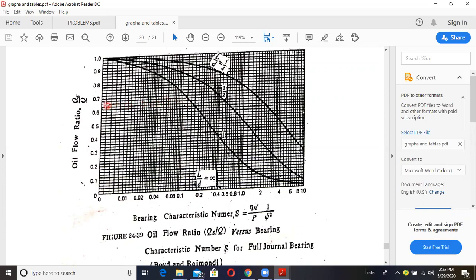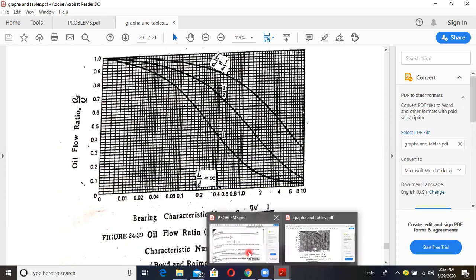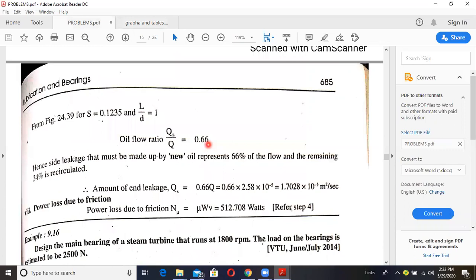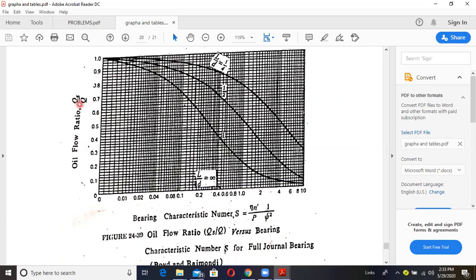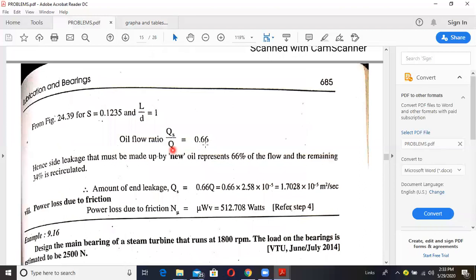It is between 0.6 and 0.7, so we can take 0.65. Here they have taken 0.66. Therefore QS by Q is equal to 0.66.